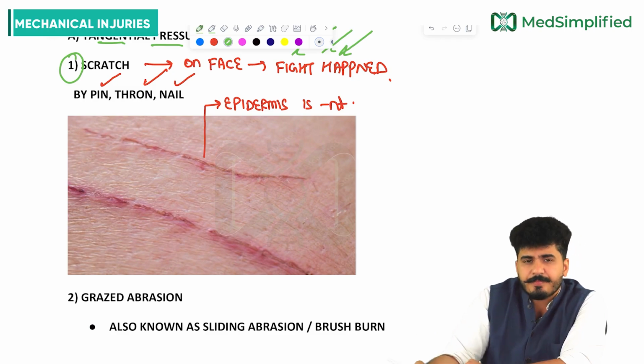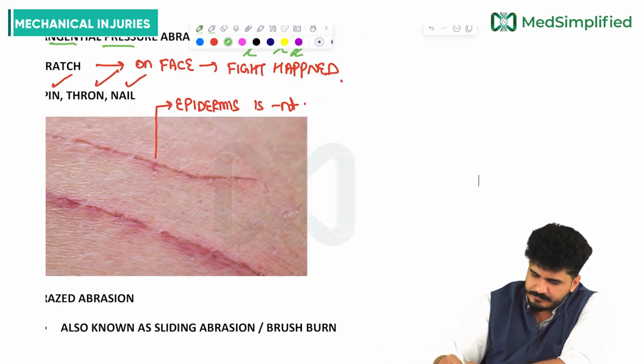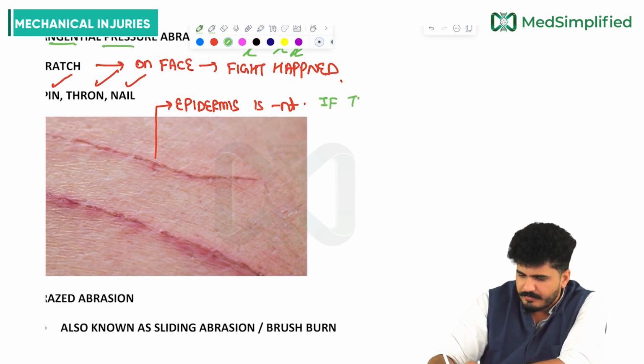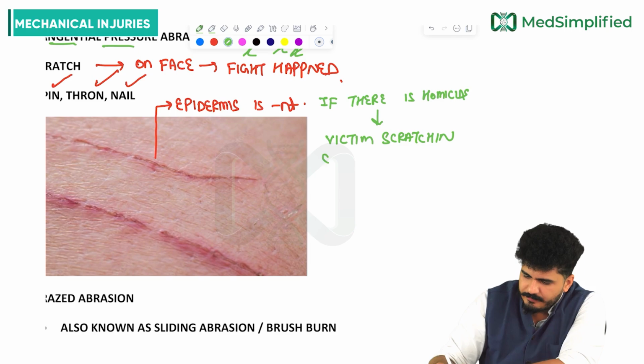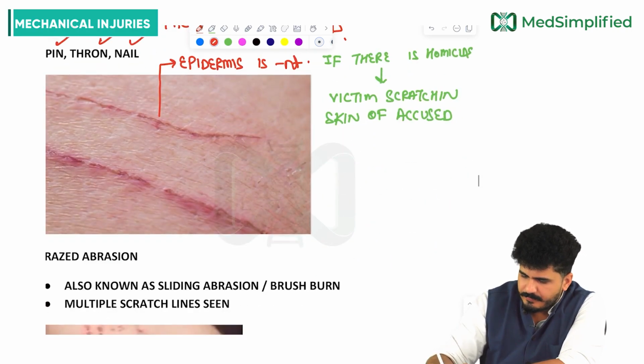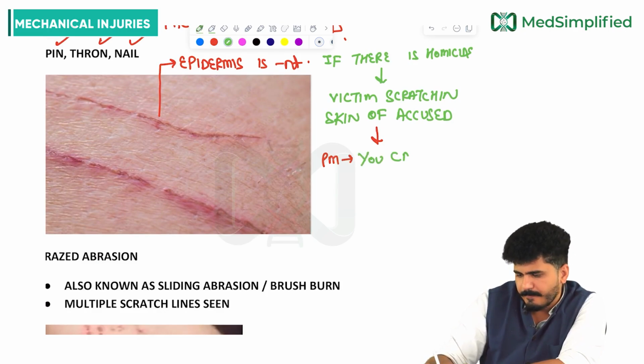And also, if there is a homicide, you will see the victim scratching the skin of the accused.